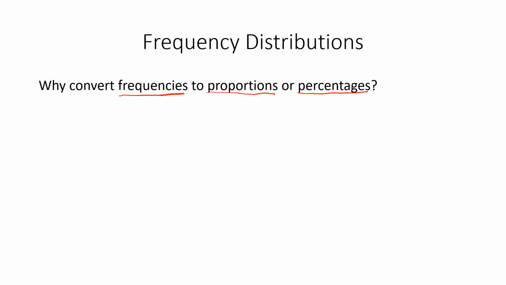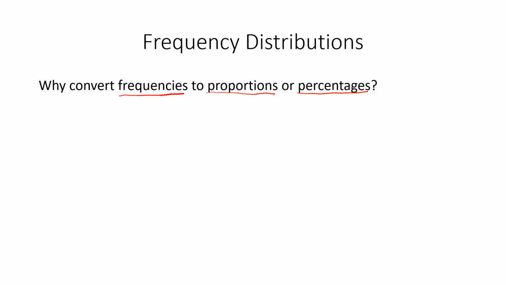Or why do we convert these absolute frequencies to a percent? This is something you should think about for a minute. I'll let you think about it for just a second, and then I'll discuss it. You could even pause the video here and think about it for a minute and try and come up with an answer of why we convert frequencies to proportions and percentages.